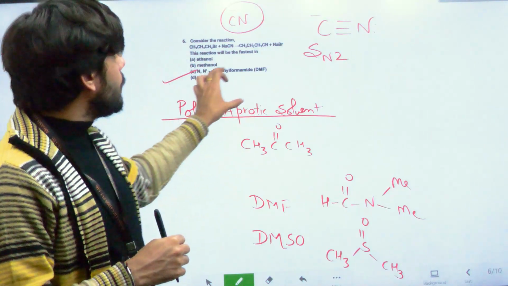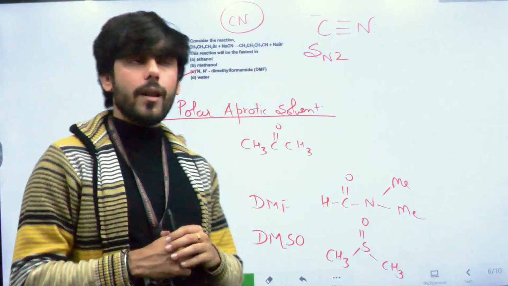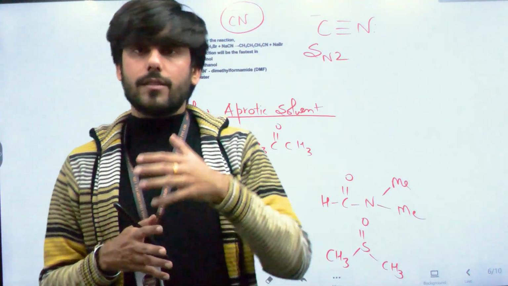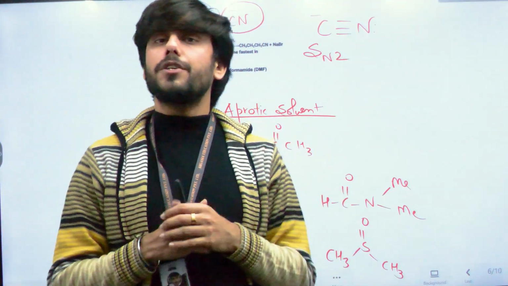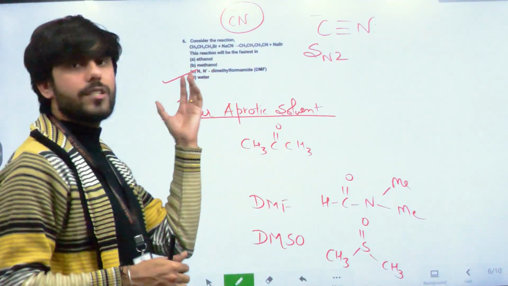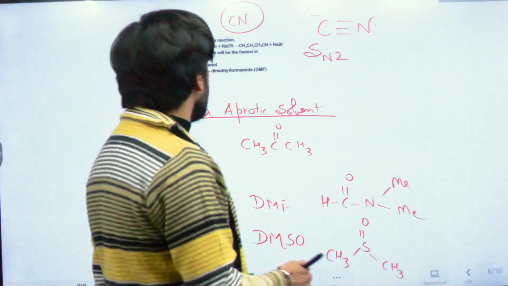So we require the polar protic solvent in the case of SN1. In the SN2 way, this is only a one step process, no intermediate is formed. So I do not require the solvation of anything. We just have the transition state.